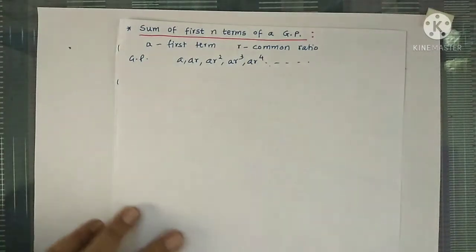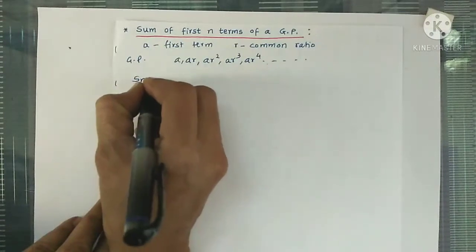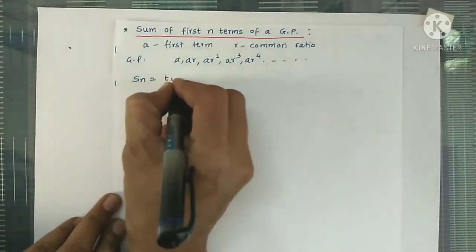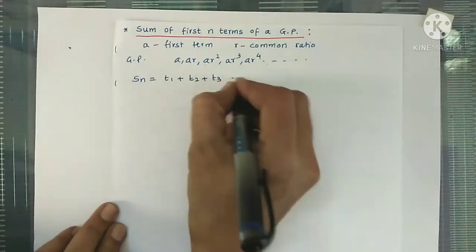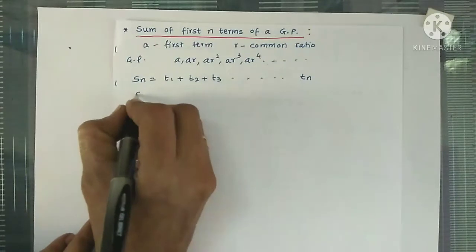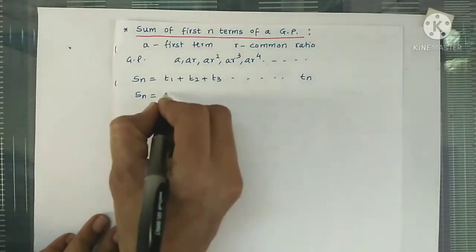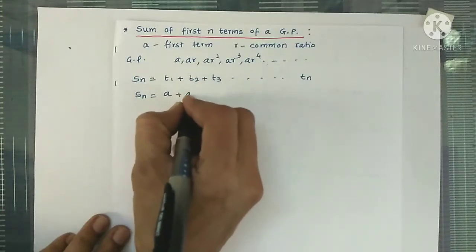Now we want to find the formula for Sn. Sn is the sum of first n terms, t1 plus t2 plus t3 and so on up to tn. Let's substitute the values. The first term is A, the second term is AR.